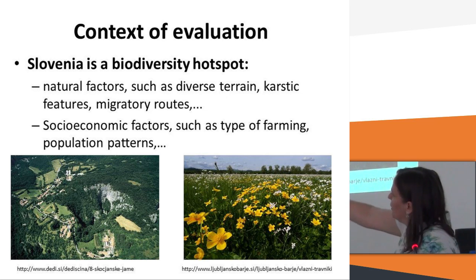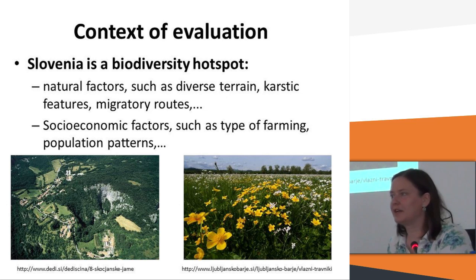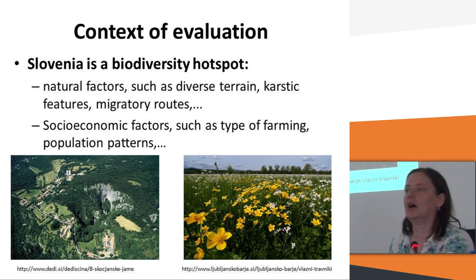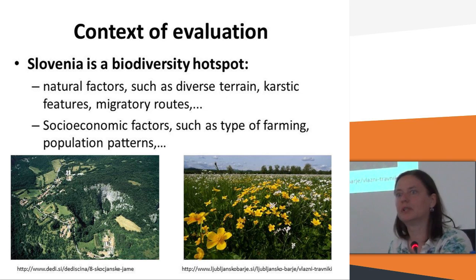That dark spot over there is not a lake or a pond, it's a sinkhole. So there you have to take care that you don't fall in the ground. You can imagine the soil is very thin, and there's almost no water, so intensive farming is kind of a no-go.